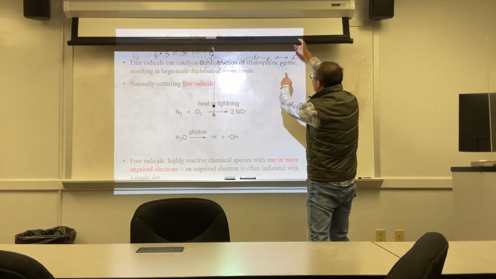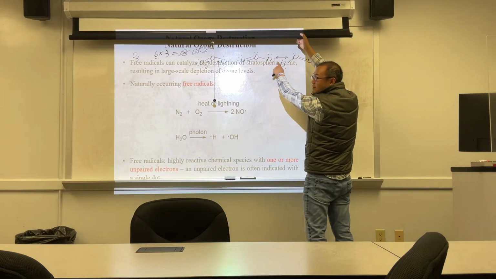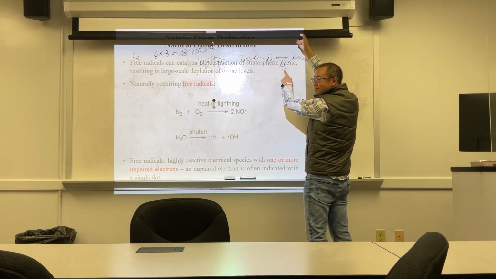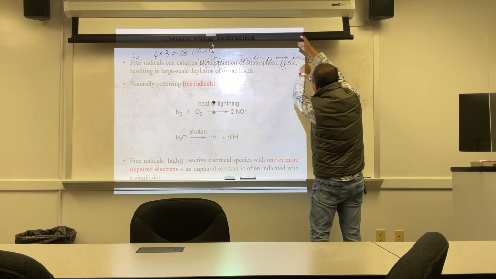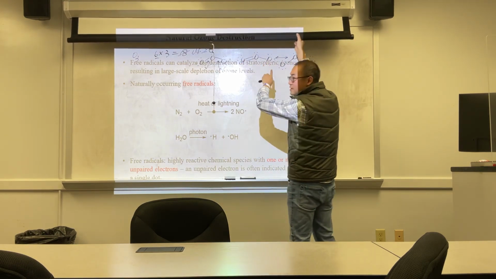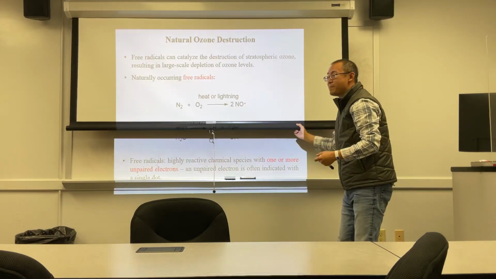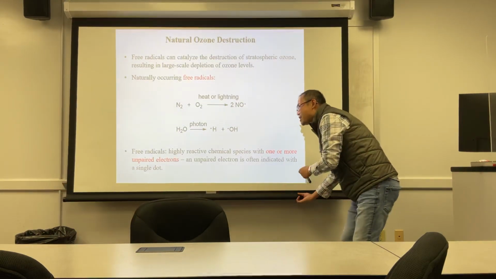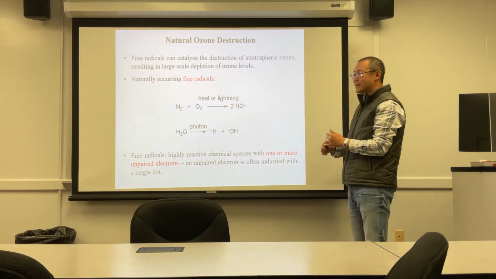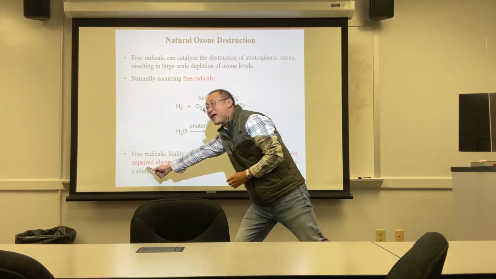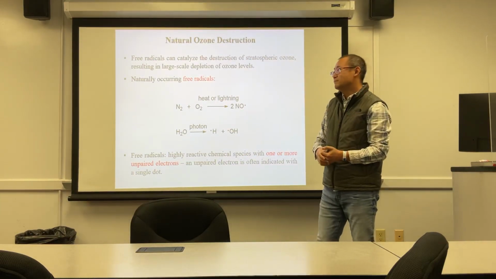Like these dots we show here, what do we call these? Non-bonding, or lone pair. You can see all these electrons are actually coming in pairs. But in free radicals, there are electrons that are not paired. Single.